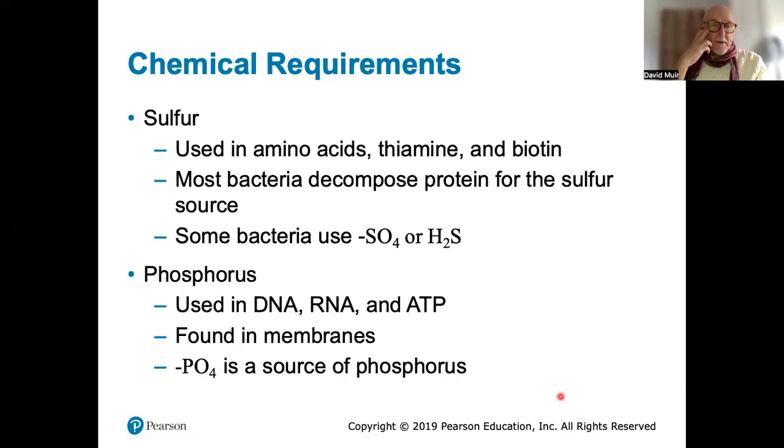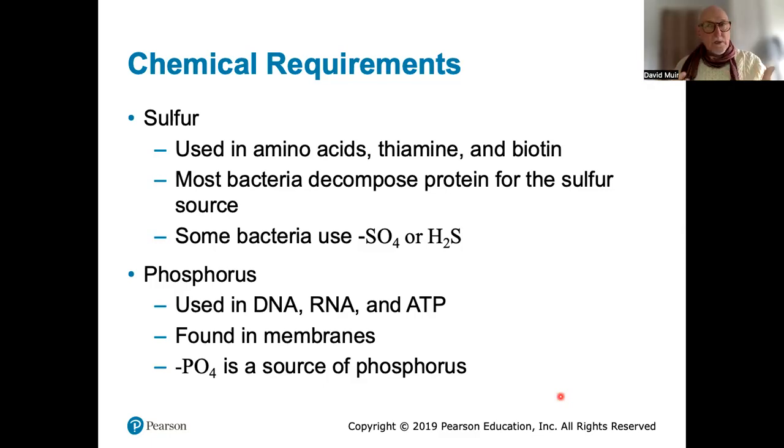All right, and there are a couple of other elements we need. Sulfur is really important because sulfur is used in amino acids and in various vitamins. In proteins, which are polymers of amino acids, sulfur groups can bind together and help structure the protein.